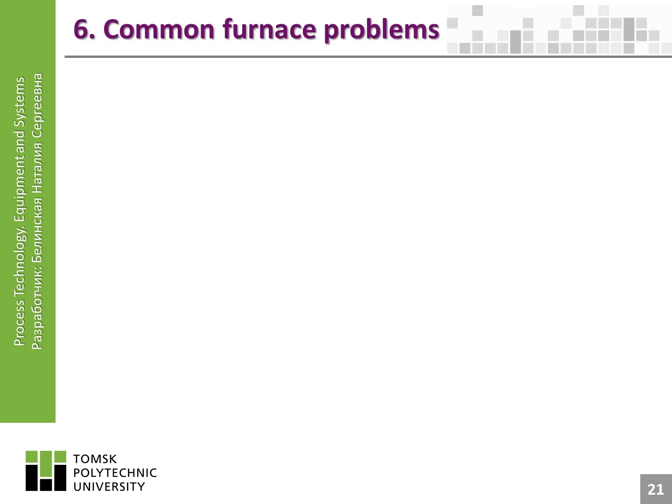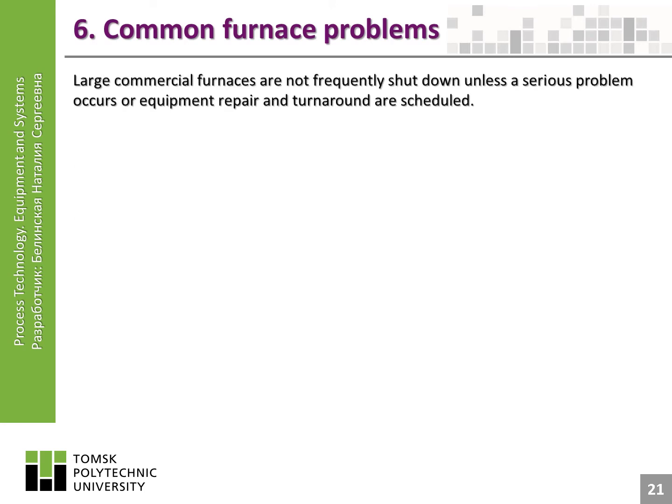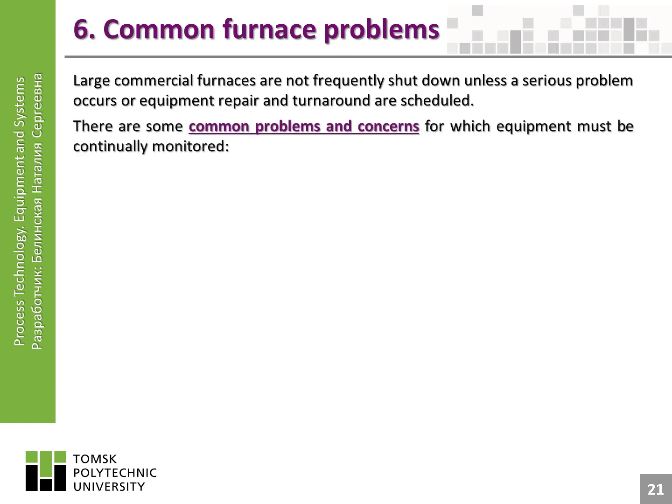Common furnace problems. Large commercial furnaces are not frequently shut down unless a serious problem occurs or equipment repair and turnaround are scheduled. There are some common problems and concerns for which equipment must be continually monitored.